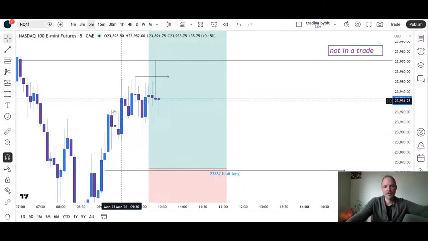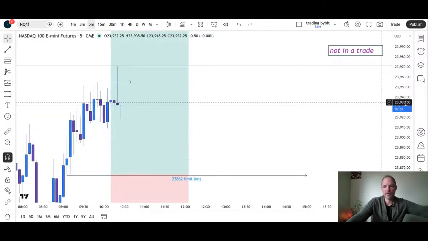So we swept the liquidity after going sideways. So what does the market do after going a sideways range?